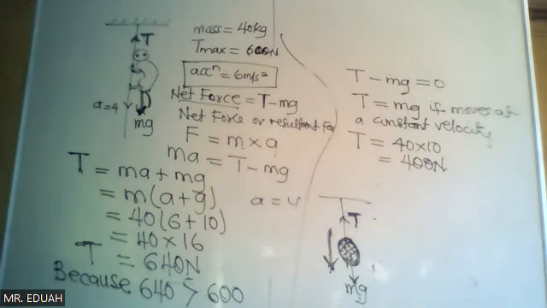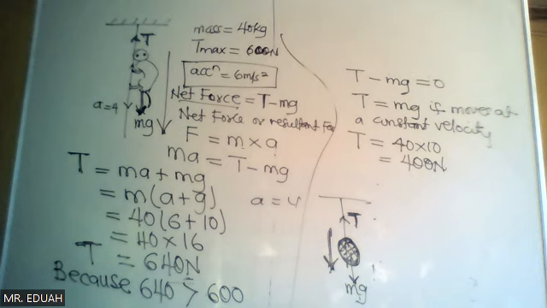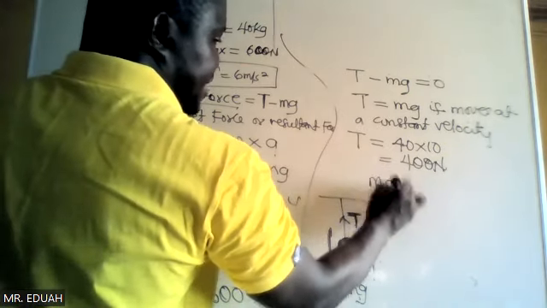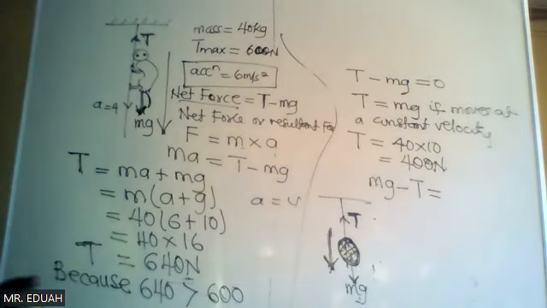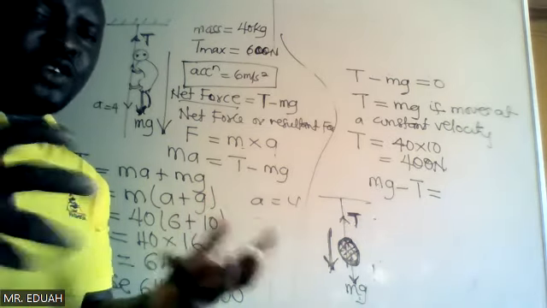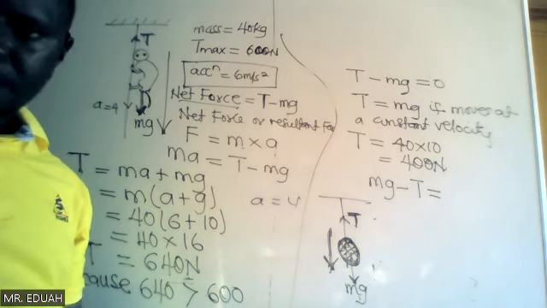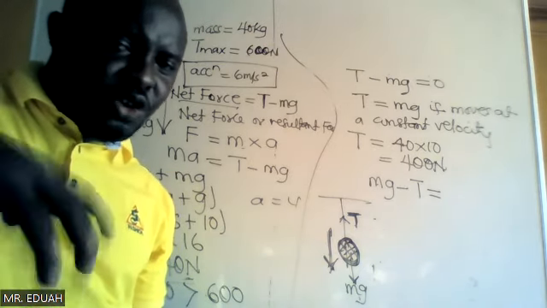How do we use mathematics to show this? The monkey is falling, so the direction is downwards. If the direction is downwards, then mg minus the tension must be equal to the net force acting on the monkey. If the monkey is falling, what is the force acting on the body?